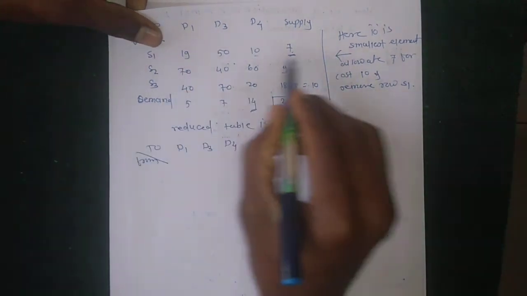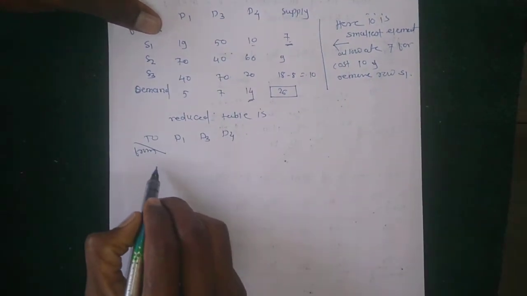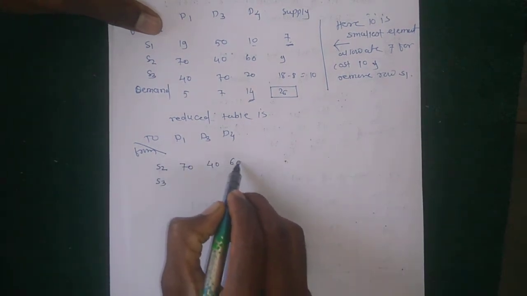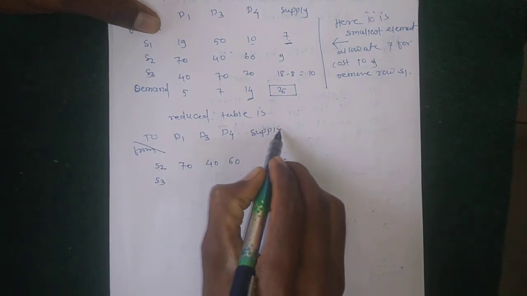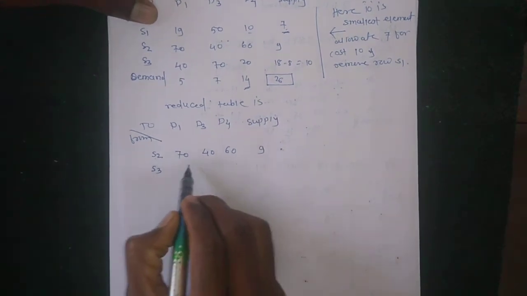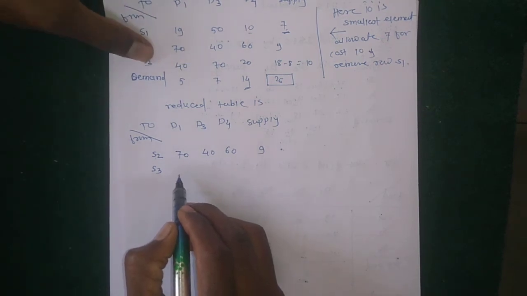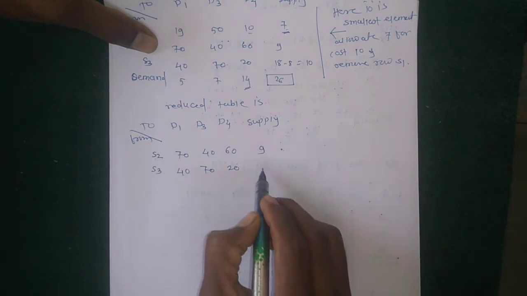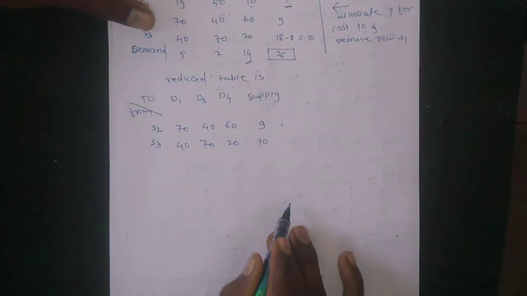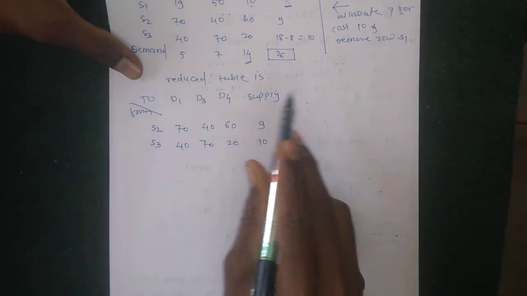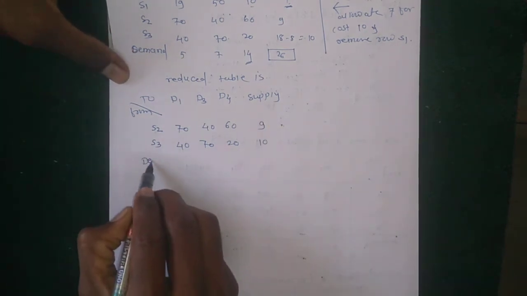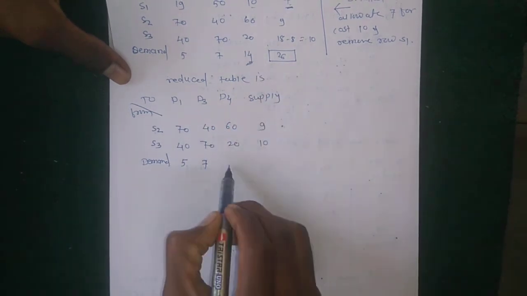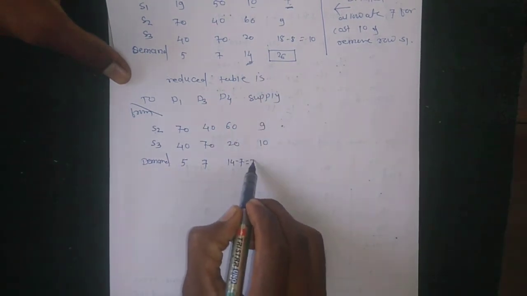Row S1 is removed, so remaining only S2 and S3, putting their values 70 40 60, with supply 9. And for the S3 row 40 70 and 20, with supply 10. 18 minus 8 is equal to 10 remaining, and their demand is 5 7, and 14 minus 7 is equal to 7.